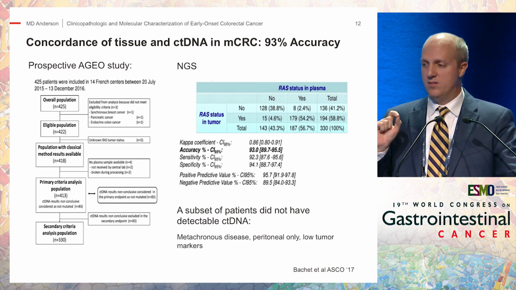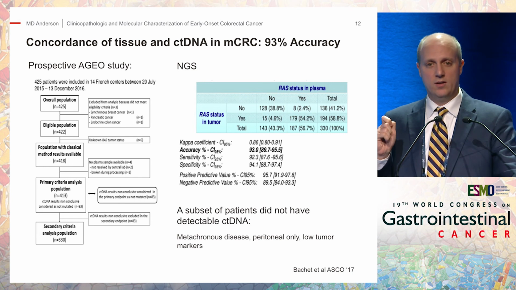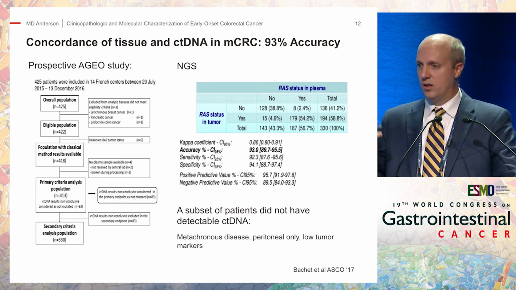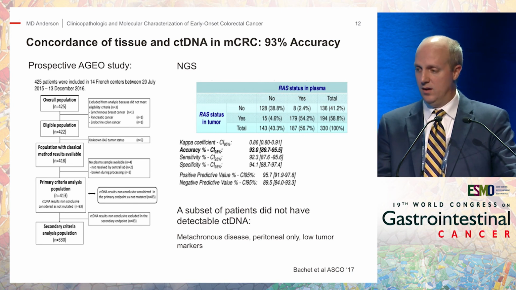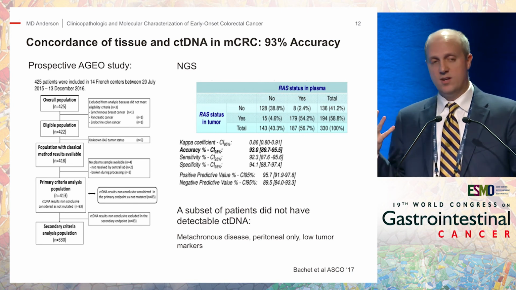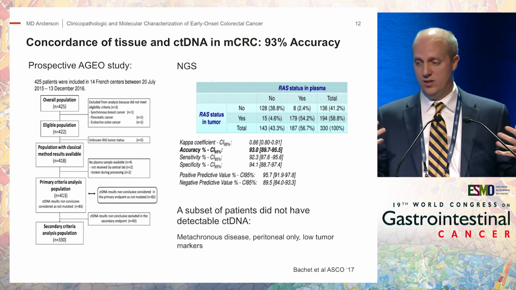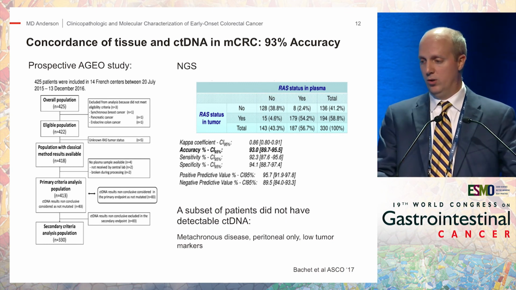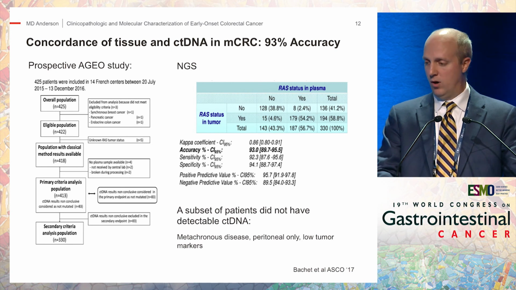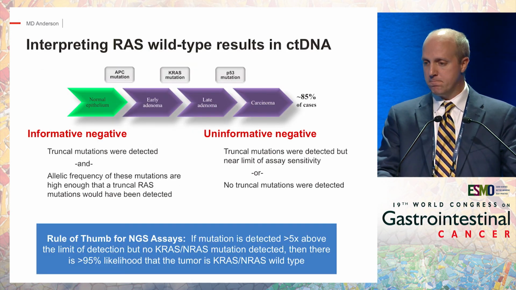The bottom line is the accuracy was 93%. In those patients that had circulating ctDNA, the accuracy between tumor and plasma was very high. Now, there was a subset that did not have detectable ctDNA, and it was interesting, metachronous, peritoneal-only, and low tumor markers were all predictors of not having detectable ctDNA.